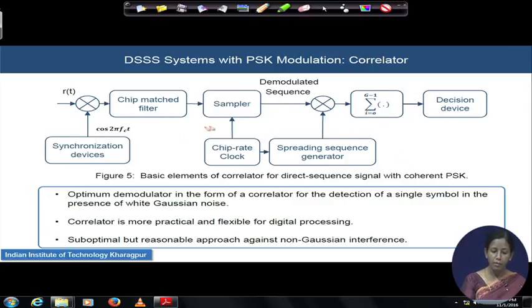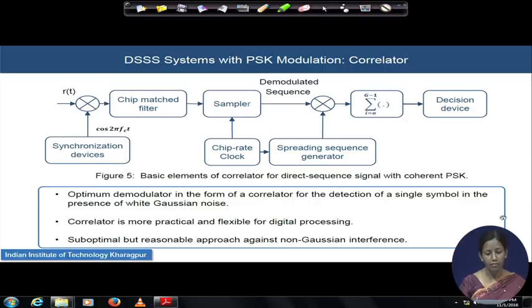This is the optimum demodulator in the form of the correlator circuit, where detection of the signal in the presence of white Gaussian noise is possible. As I told, this correlator is more practical and flexible for digital signal processing, and though the whole design is suboptimal, it is a reasonable approach against any kind of non-Gaussian interference.